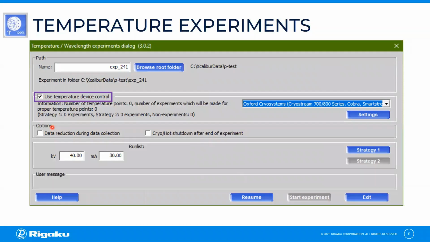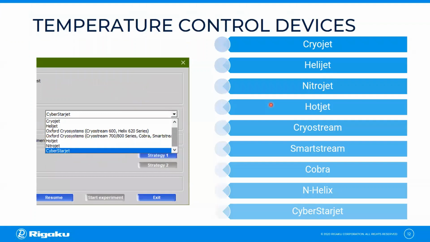The tool is straightforward and you can enable the temperature control device by selecting this tool and then selecting the proper device from the drop list. On the drop list, you will see lots of instruments which CrysAlis Pro supports talking to during data collection. We are still expanding them, and there are lots of legacy instruments, but also the newest ones available on the market.